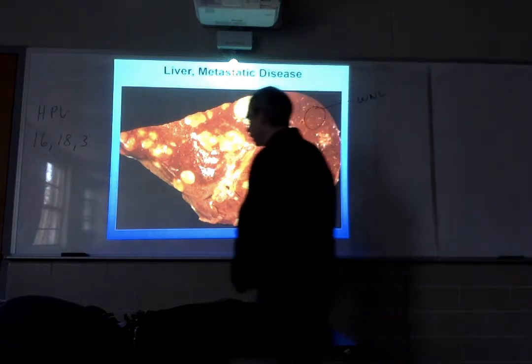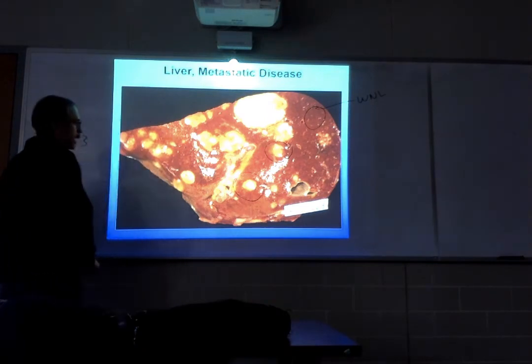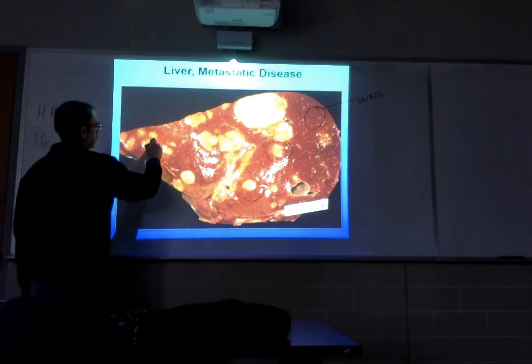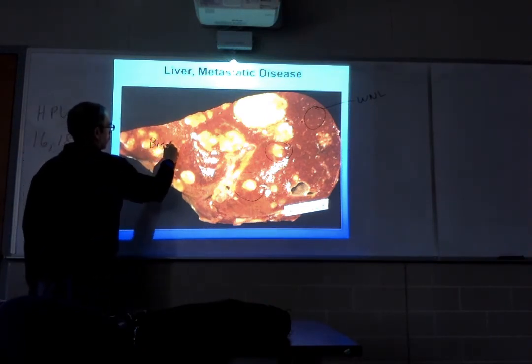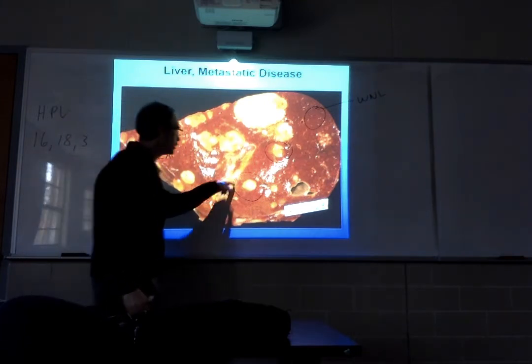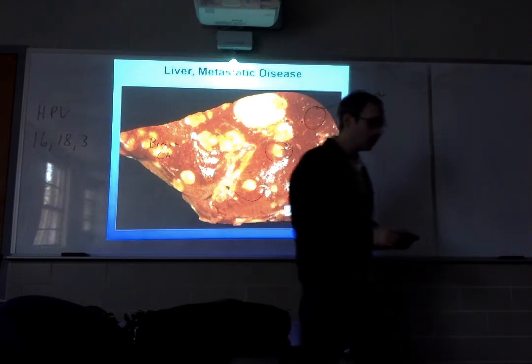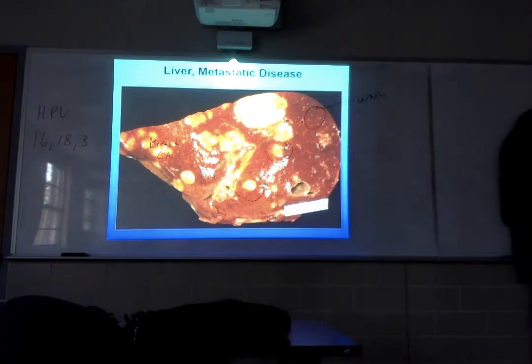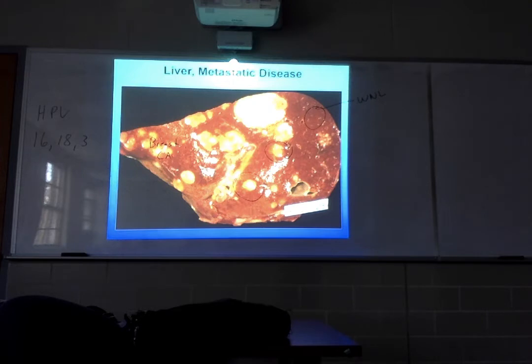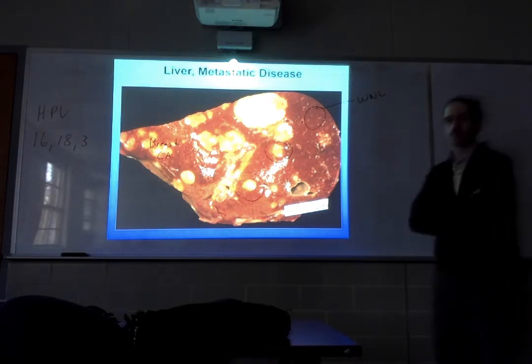Okay. So I said that this was actually breast cancer. How do I know that these are not primary sites for liver cancer? How do I know that's something other than liver cancer? How do I know that's metastatic disease?